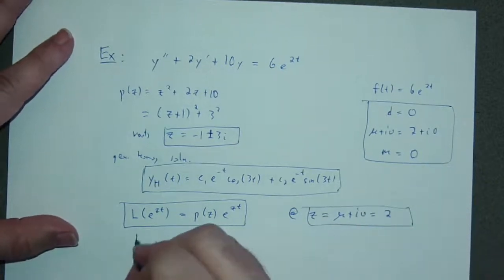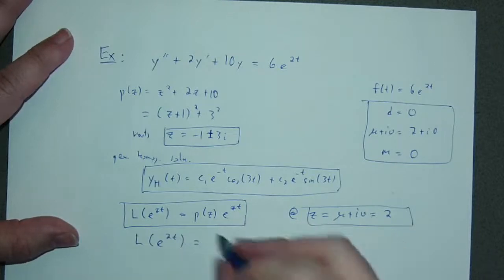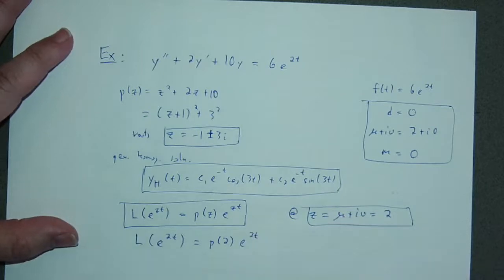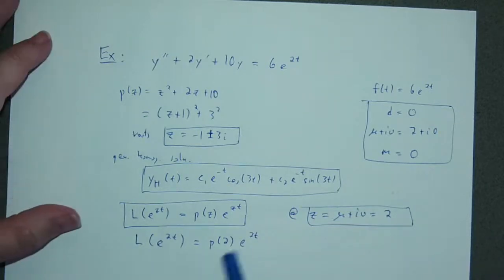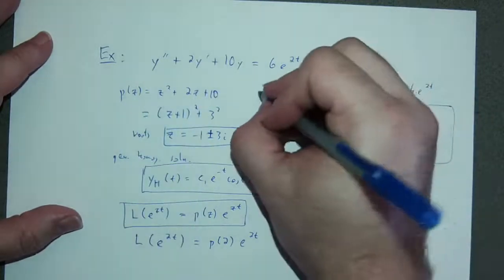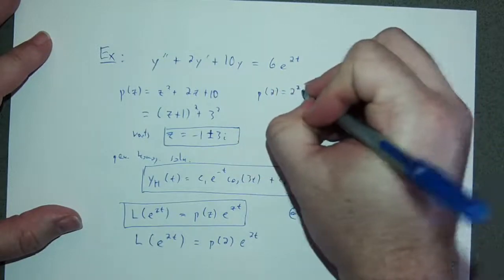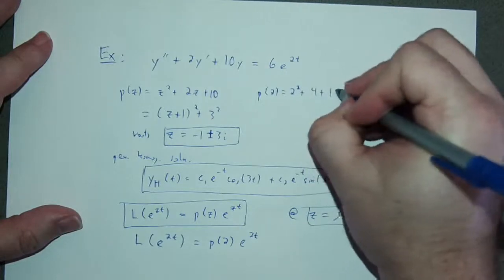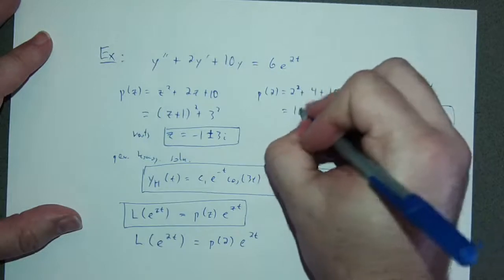I get L of e to the 2t is equal to p of 2 e to the 2t. Well, what's p of 2? P is z squared plus 2z plus 10. So p of 2 is 2 squared plus 2 times 2, so 4, plus 10. So p of 2 is 18.